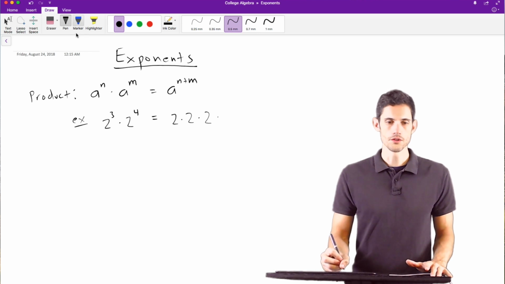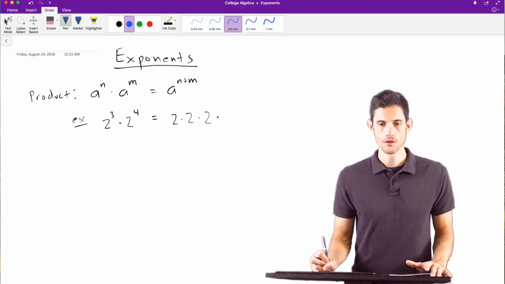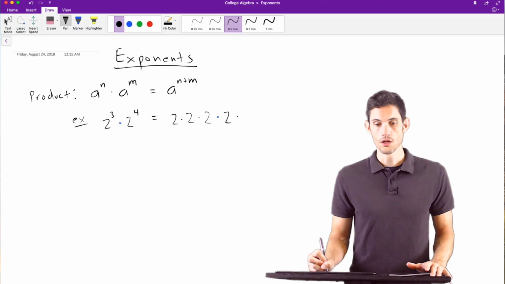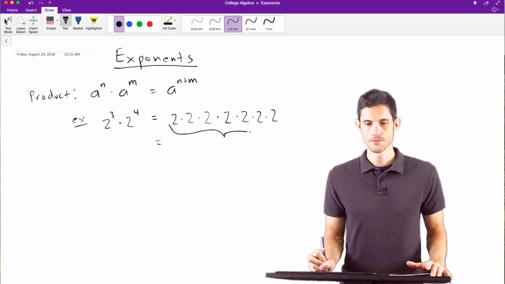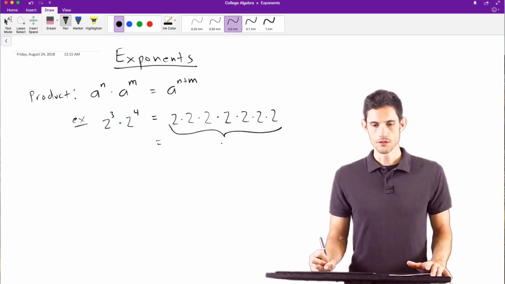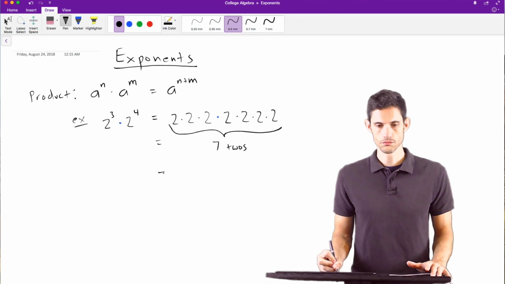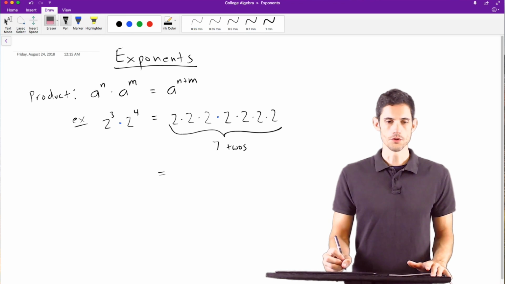And I know what 2 to the power 4 is, that's just 2 times 2 times 2 times 2. If I count all my 2's, I've got 7 of them, and so I can write this as 2 to the power 7.